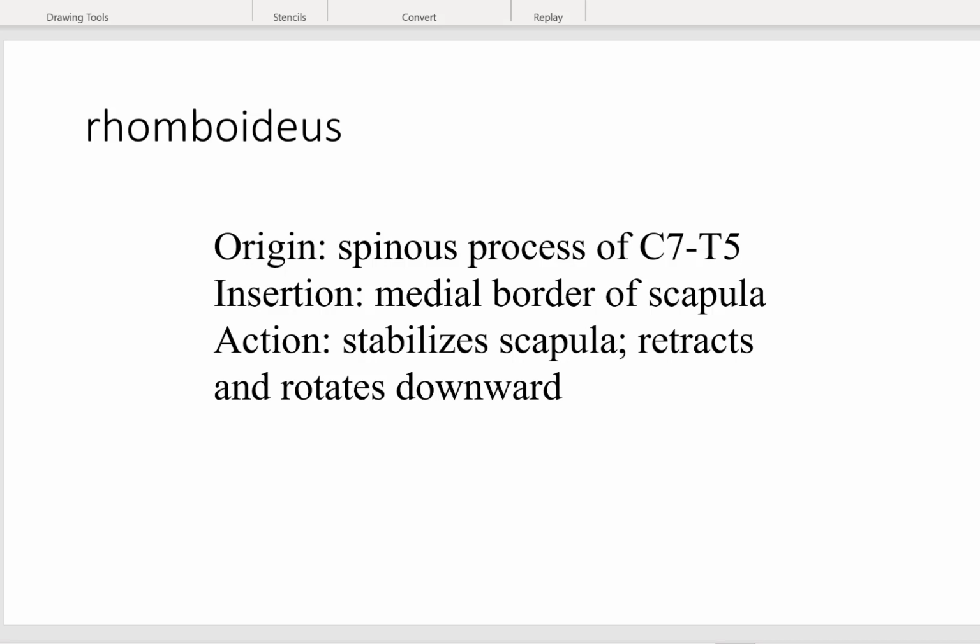Again, there's a minor and a major. Your professor might want you to know them separately or just collectively as the rhomboids. The insertion is the medial border of the scapula, and its action is to stabilize the scapula, retract, and rotate the scapula downward.